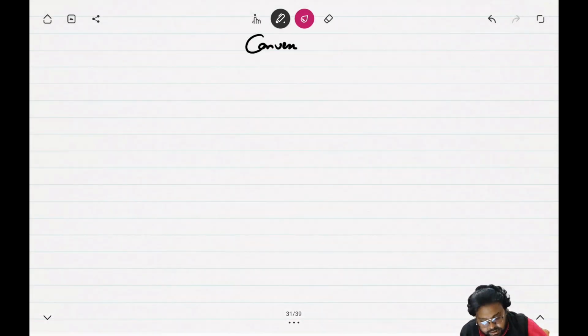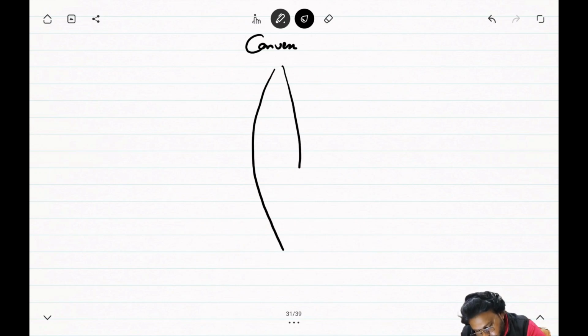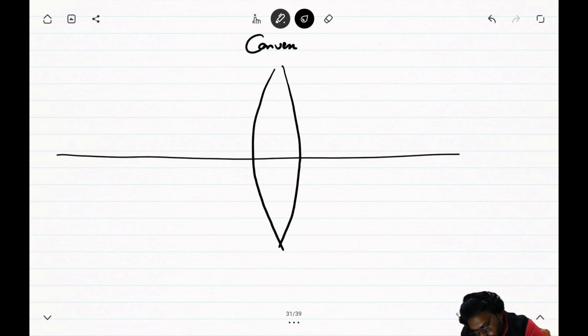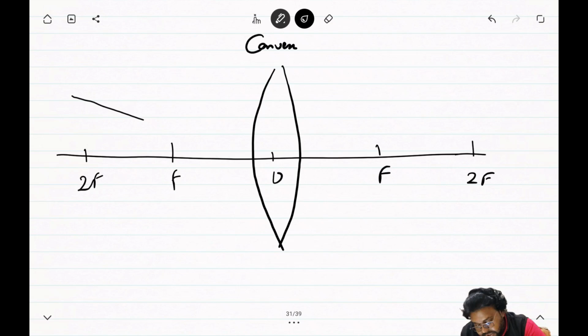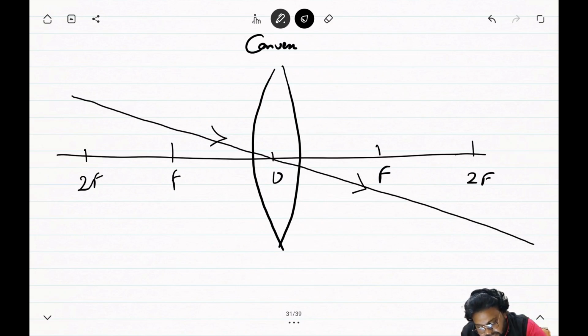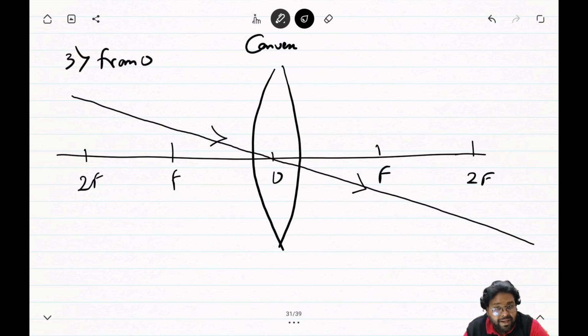This is your second law. And talking about the third law, if the light is passing through O, that means the optical center, it will go undeviated, that means as it is. So the third law, from O, it will go as it is.